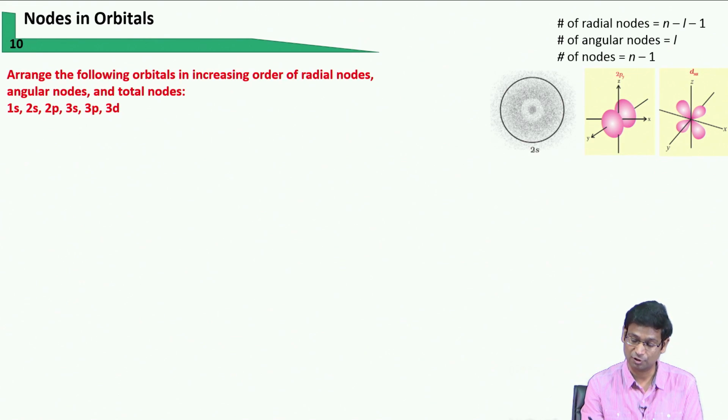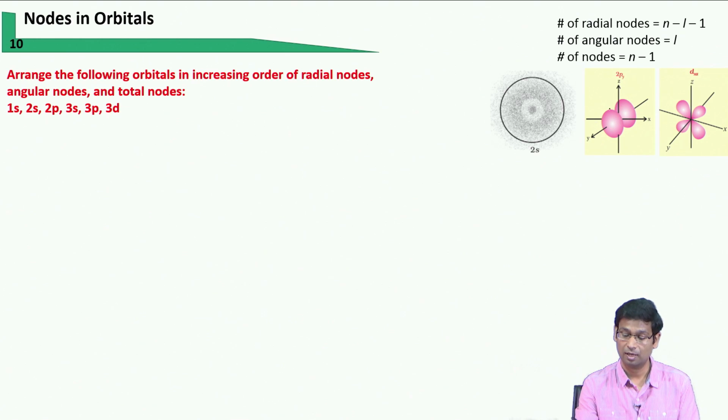So for the 2s orbital you see there is electron distribution at the center, and after that there is a gap because there is a node, and again electrons can be found here. So this is about the radial node. When we talk about 2p orbital, we know that p orbitals have one angular node. You see this is 2py. You can see that in the xz plane there is a node.